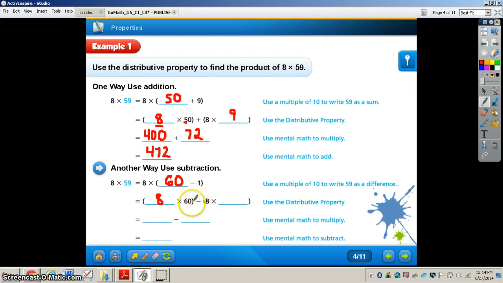When we find that number, we're going to need to subtract from it 8 times 1. Where do we get this from? If I'm multiplying 8 times 60, remember 60 is 1 greater than 59. So I'm also going to need to subtract 8 from this product as well. 8 times 60 is going to give me 480. I'm subtracting the 8 that I added on to my 60, giving me a total of 472.